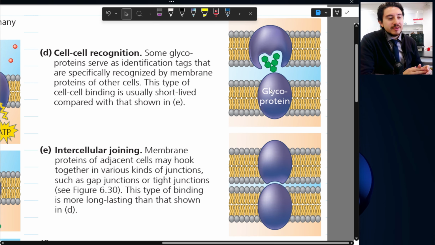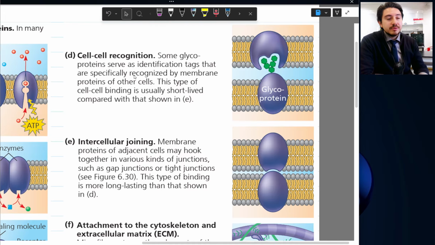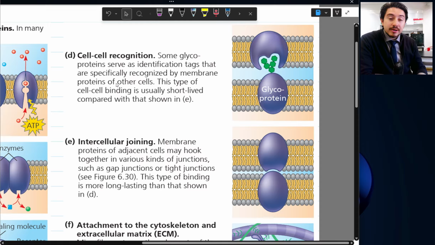What cells are you neighboring? And this type of cell binding is usually short-lived in comparison to what we talked about with the junctions, if you remember, with the parts of the cell. But this is more for ID tagging. Very important for embryonic development.